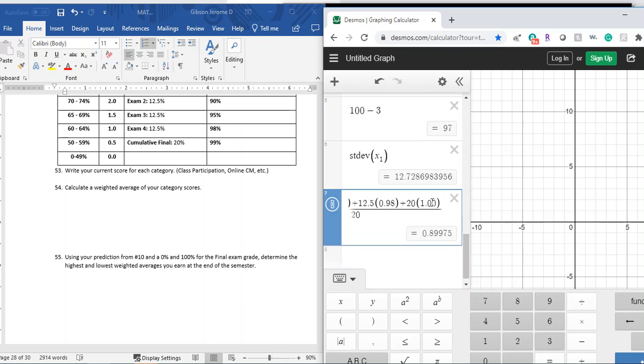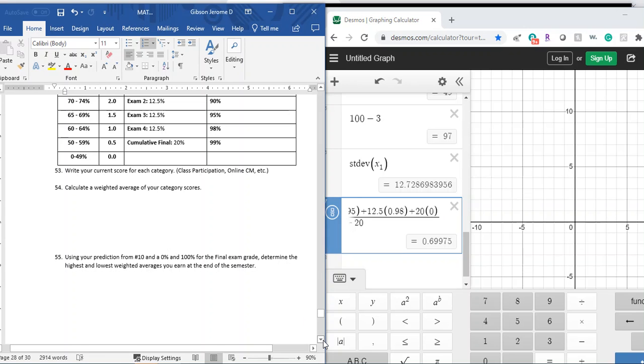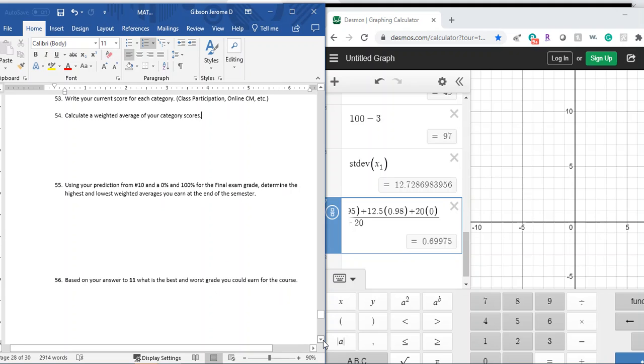And you notice, and this will be problem 55, with a 100% final, your average would be 89.98%, and then a 0% final. So we'll change this to a 0. With the 0% final, your average will be 69.98%. So that's all they wanted you all to do. It's a big drop for real.